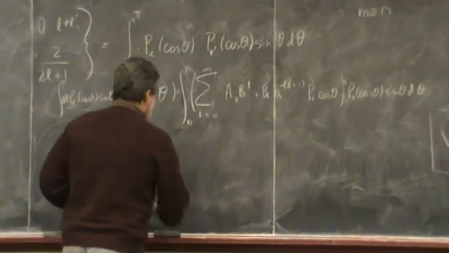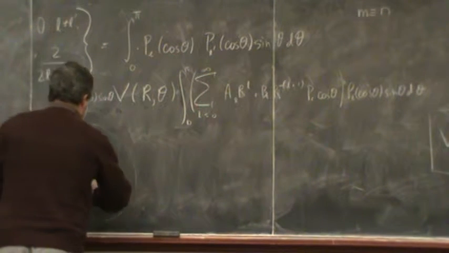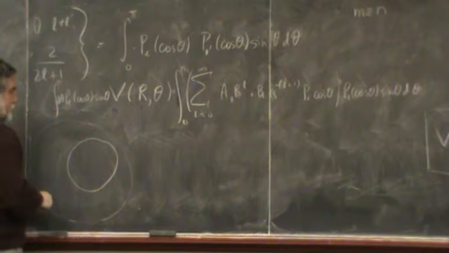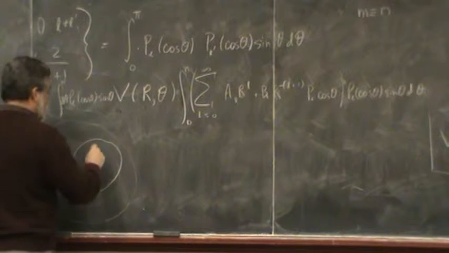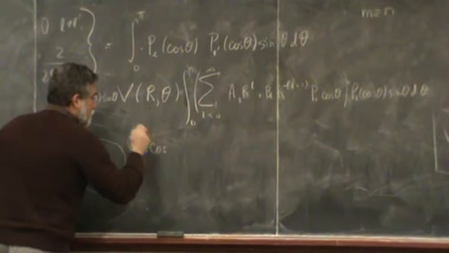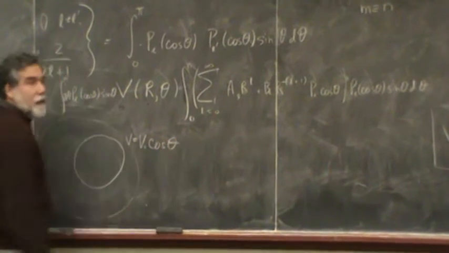Let's say the potential on this surface is given by cosine theta.